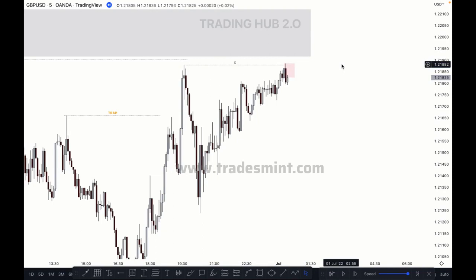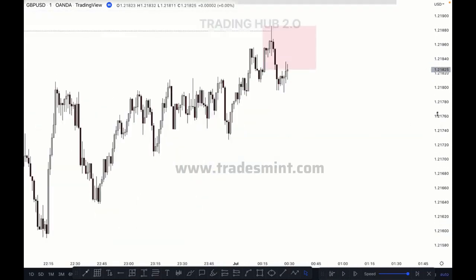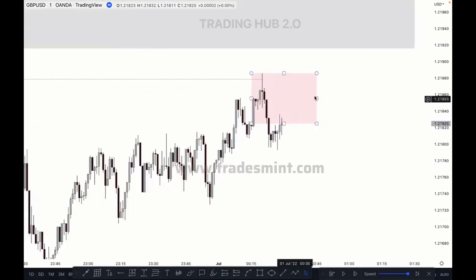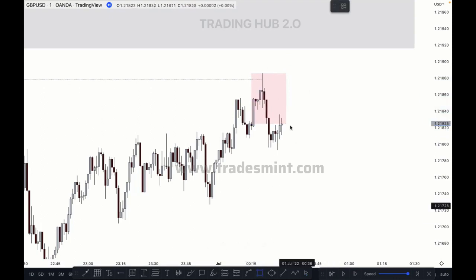Now switch into the 1 minute to see how the market gives us an opportunity for the sell. Now you can see this zone is where we can look for a sell, because this candlestick closes below it, and this is our zone for the sell. So in this case, where is our single candle confirmation for the sell?